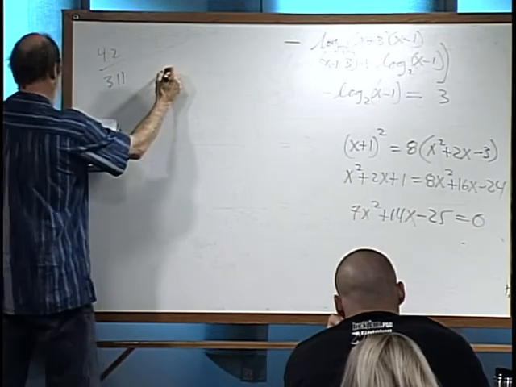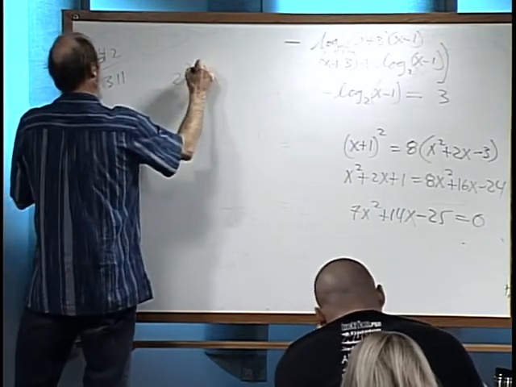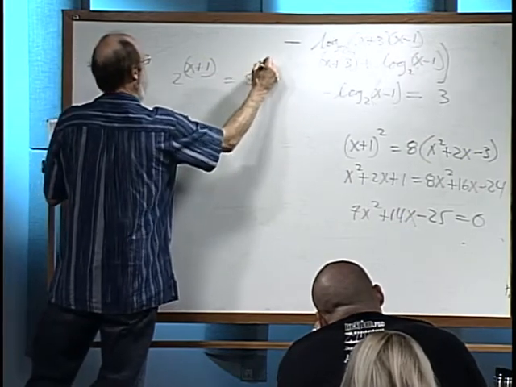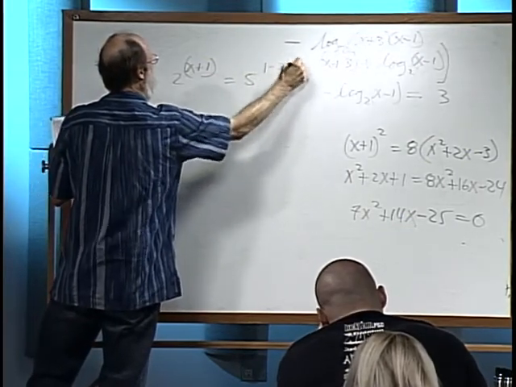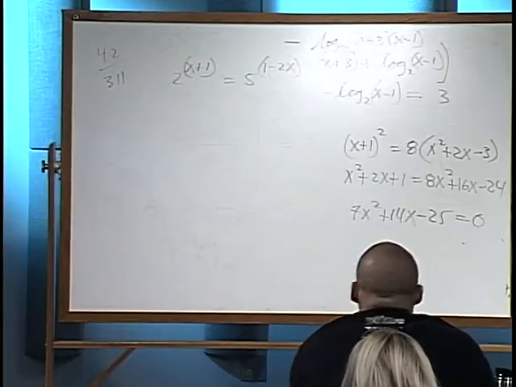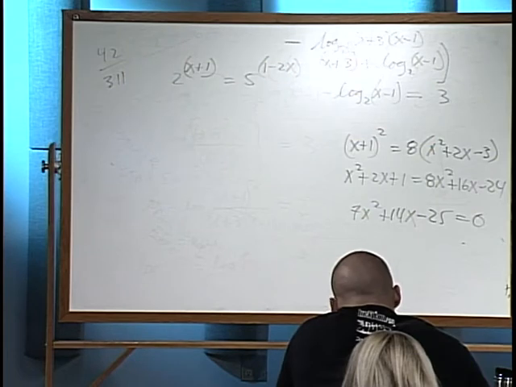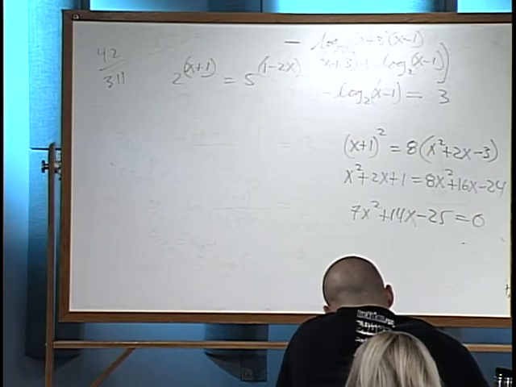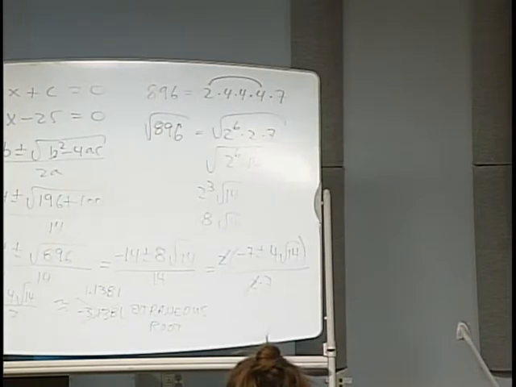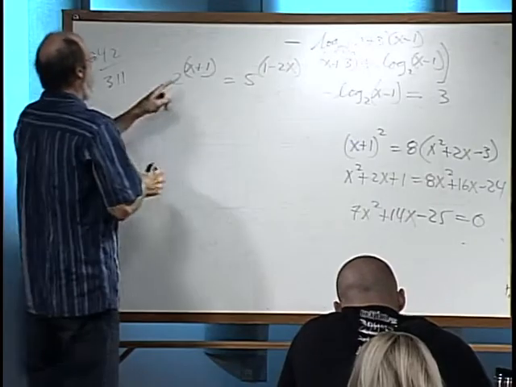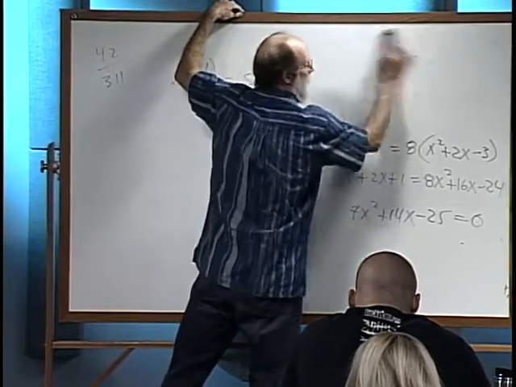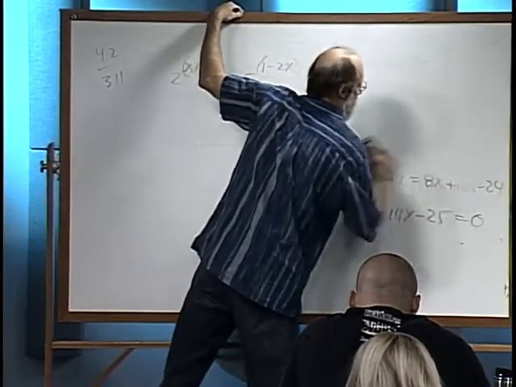Here's the equation. 2 raised to the x plus 1 equals 5 to the 1 minus 2x. Two raised to the x plus 1 equals 5 to the 1 minus 2x.